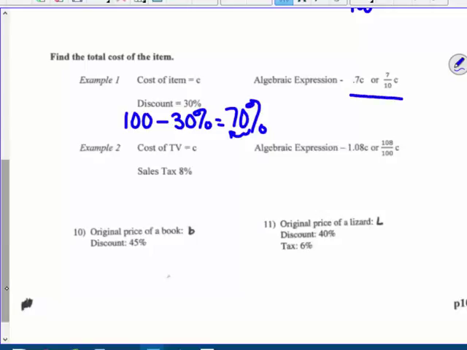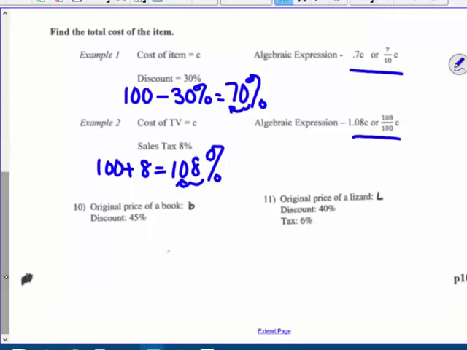Cost of a television, don't know the cost. The tax is 8%. So I'm going to add it on to get that 108%. And moving it back to a decimal, it's going to give me 108/100ths C. So let's try a couple. The original cost of a book B with a discount of 45%.